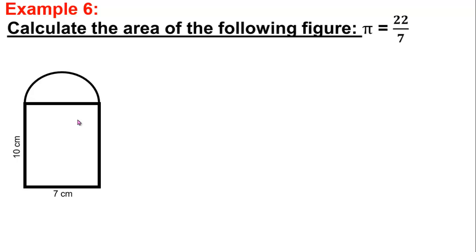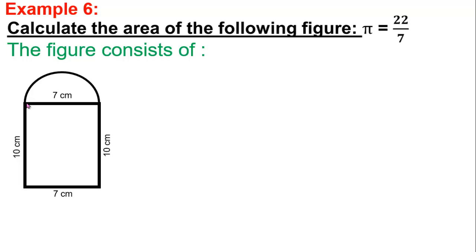Before we see what this shape consists of, we first want to know that if this is equal to 7 centimeters, then this as well is equal to 7. And if this length is equal to 10, then my length here is equal to 10 as well. And we would like to know that this is a circle, so this 7 is my diameter.